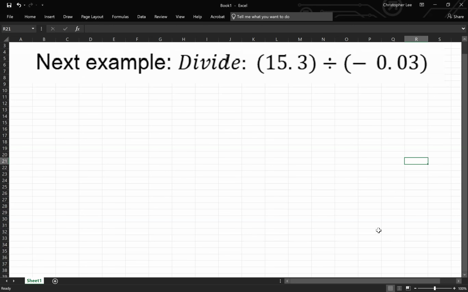Just kind of building off of where we left off yesterday.